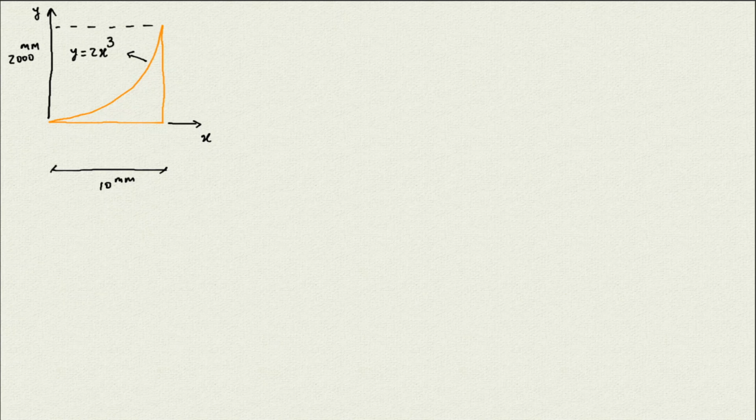Now let's look at an example to see how we can calculate the product of inertia. Assume this is the area we have here, and we want to calculate the product of inertia for this area. In the x-axis, assume this is 10 millimeters and the y-axis is 2000 millimeters, and it's not to scale in x and y, one by one. Similar to other cases where we do integration, we need to define a differential element.